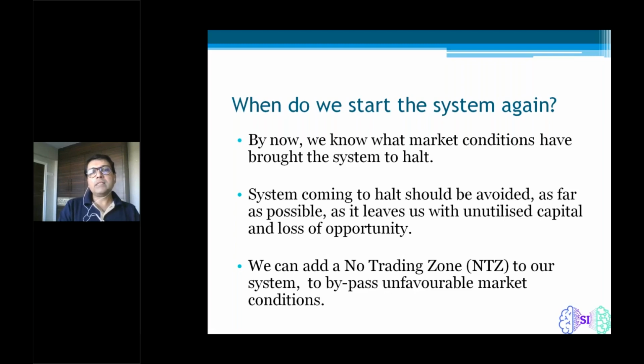So for maximum capital utilization, the system should be performing constantly, or when it is not performing, the trader should come to know that in this particular time period it's not going to perform, and it has gone into a no trading zone. Then the trader can easily transfer the funds to a better performing system instead of losing the opportunity of trading.